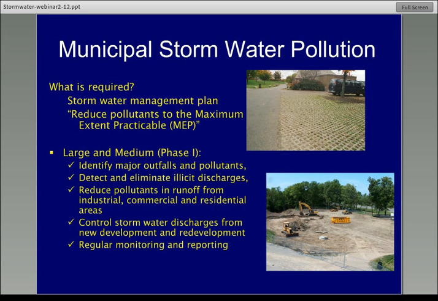And what they're telling us in that plan is how they are going to reduce the pollutants to the maximum extent practicable. MEP is an acronym that is used to describe what the standard is for what a city has to do in their stormwater plan and on the ground. Many of you may realize that it may sound vague.